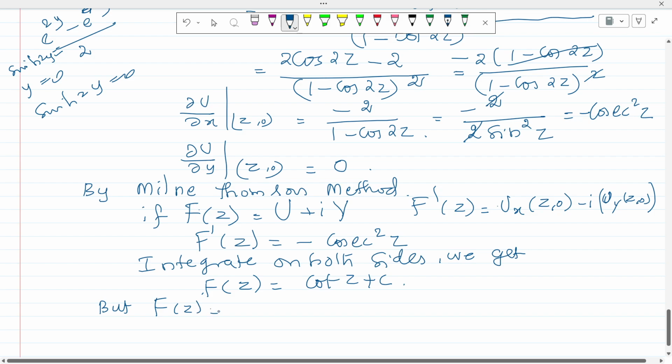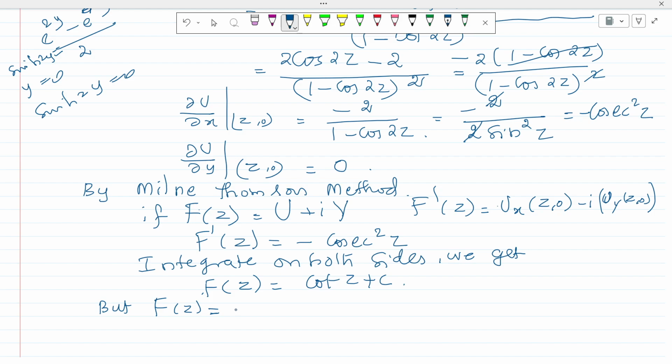Capital F of z equals u plus iv, which is 1 plus i into small f of z. So 1 plus i into small f of z equals cot z plus c.